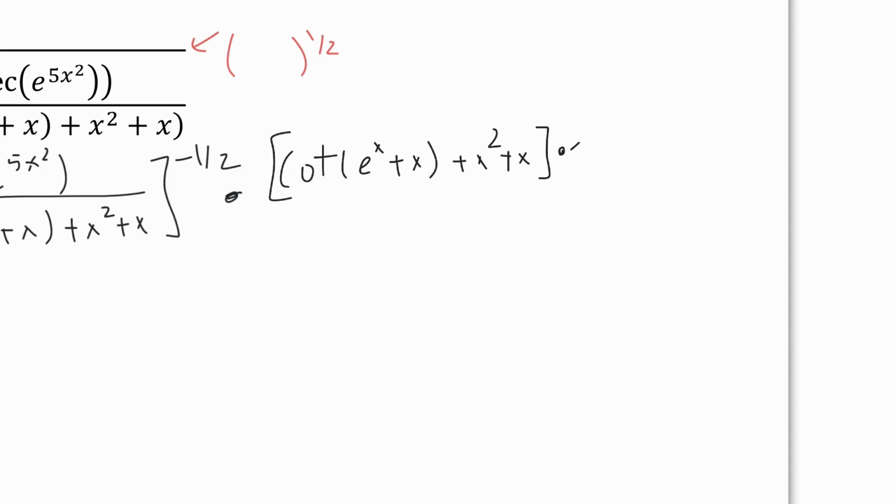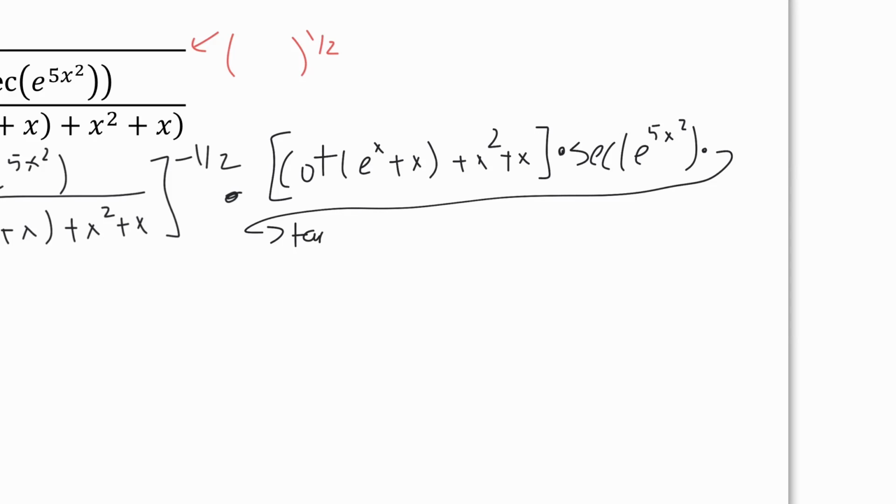Well, the derivative of secant we know is secant tan, so secant e to the 5x squared times tan of e to the 5x squared times the derivative of e we know is just e, so e to the 5x squared times 10x. So here we have low d high.